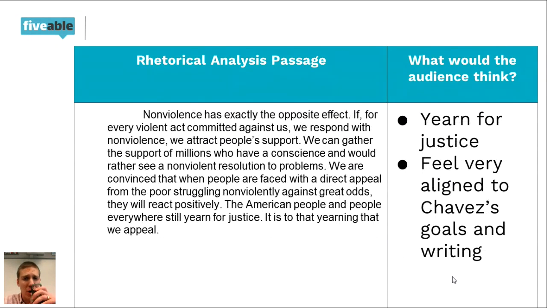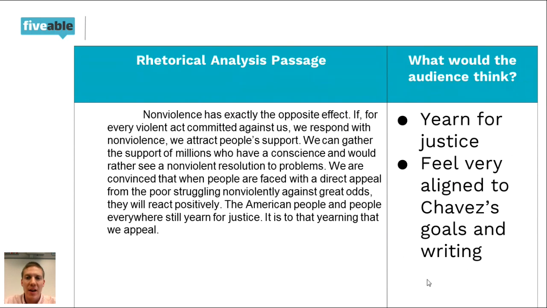Next paragraph's a little bit longer. Nonviolence has exactly the opposite effect. If, for every violent act committed against us, we respond with nonviolence, we attract people's support. We can gather the support of millions who have a conscience and would rather see a nonviolent resolution to problems. We are convinced that when people are faced with a direct appeal from the poor, struggling nonviolently against great odds, they will react positively.